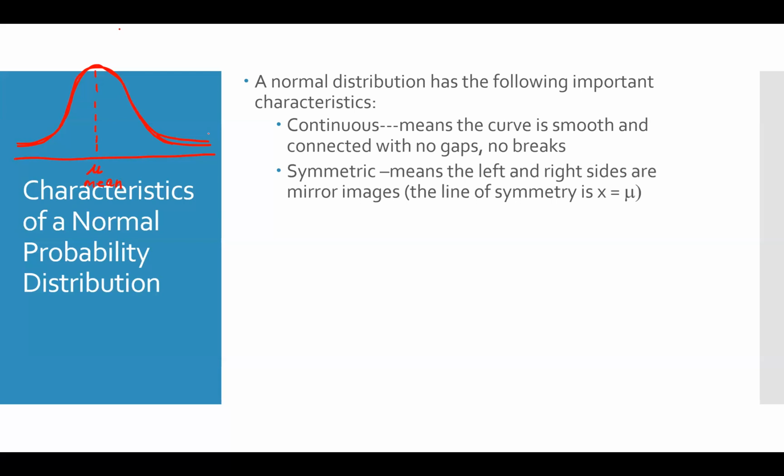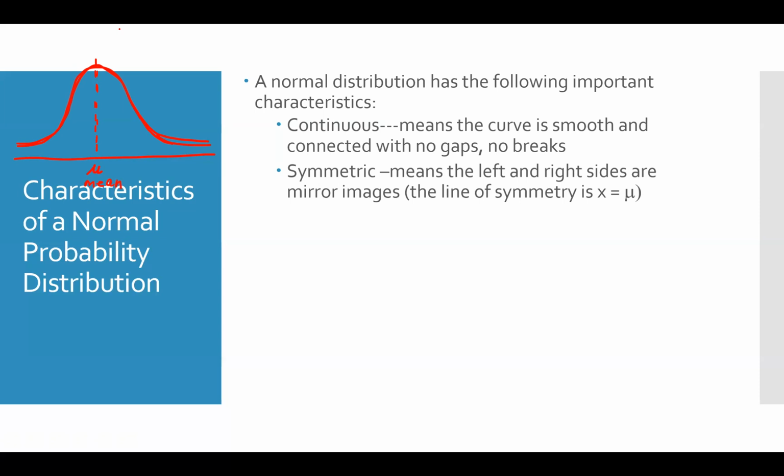It is symmetric. The idea of being symmetric means that if you could imagine dividing this in half with this dotted line and folding it, you could not tell the left side from the right side. The left and the right are like mirror images.